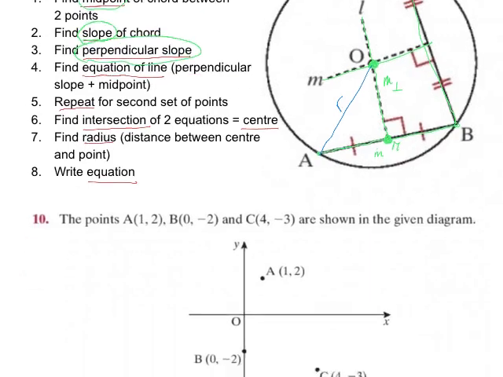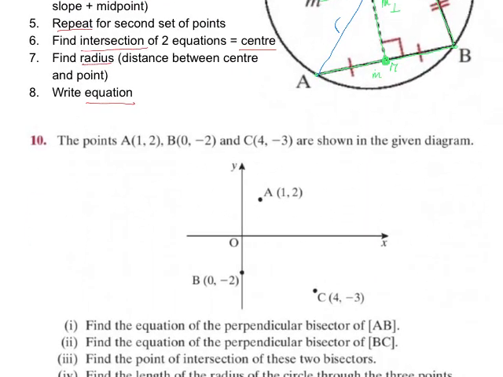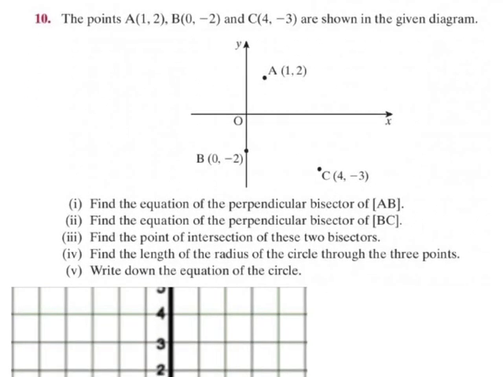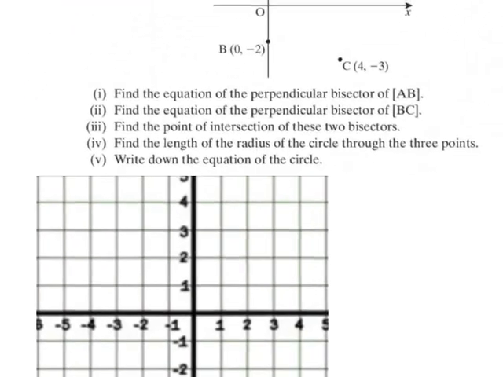So let's look at an example. We have the points A (1, 2), B (0, -2), and C (4, -3). I'm going to write that into a coordinate system.